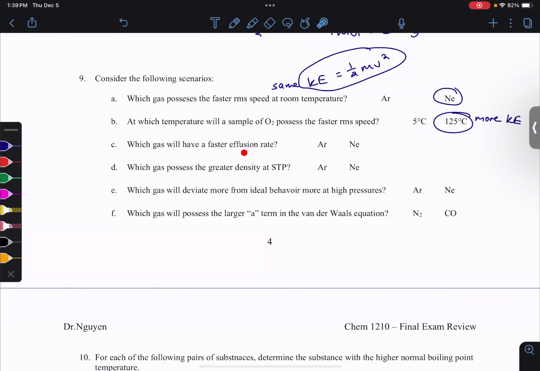Which gas will effuse faster? Effusion is proportional to collision rate, which is proportional to speed. So basically, particles that move faster are going to effuse faster. So neon is going to be effusing faster here. You've probably seen this if you've ever gone to the aftermath of a big party where there's helium balloons.